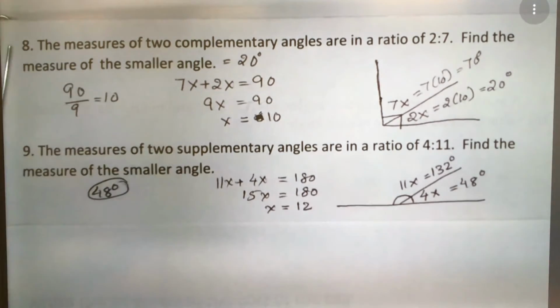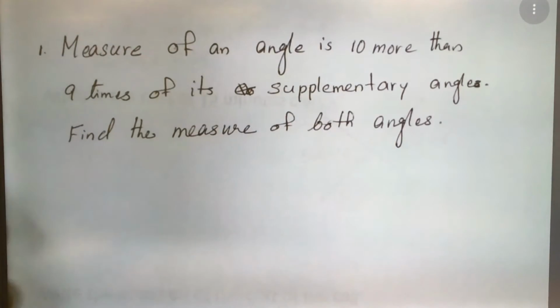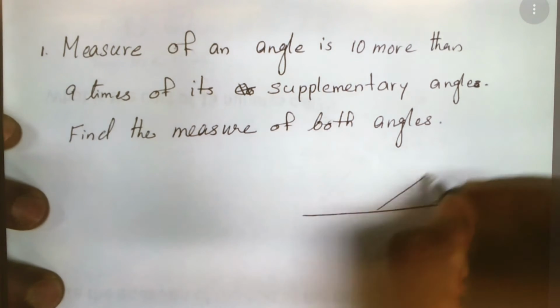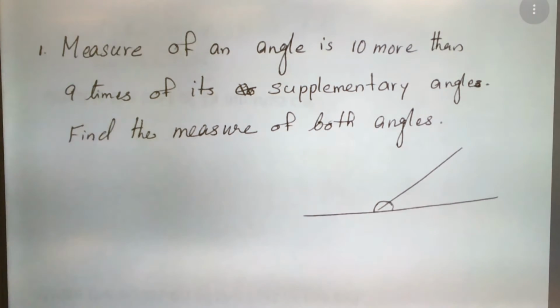So here is another question. The measure of an angle is 10 more than 9 times its supplementary angle. So find the measure of both angles. So let us do that problem together. Supplementary means two angles that add up to 180. So the total is 180 degrees. Then the measure of an angle is 10 more than 9 times its supplementary.